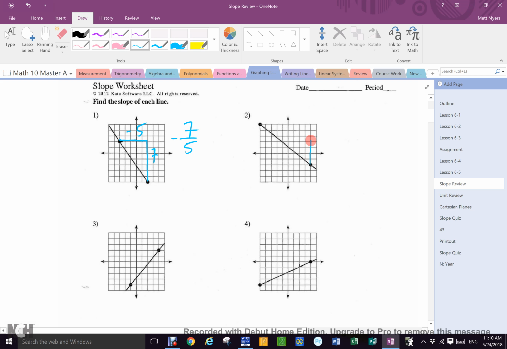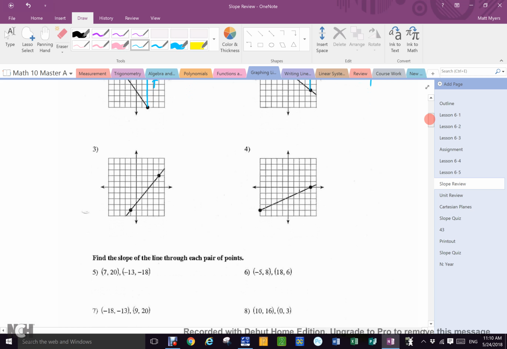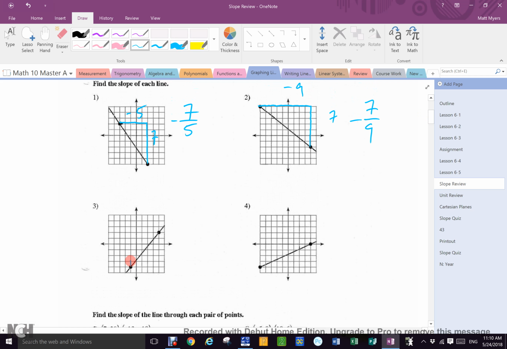1, 2, 3, 4, 5, 6, 7. 1, 2, 3, 4, 5, 6, 7, 8, 9. 7, negative 9, negative 7/9. 1 mark each. 1, 2, 3, 4, 5, 6, positive 6. 1, 2, 3, 4, 5, positive 5, 6/5.